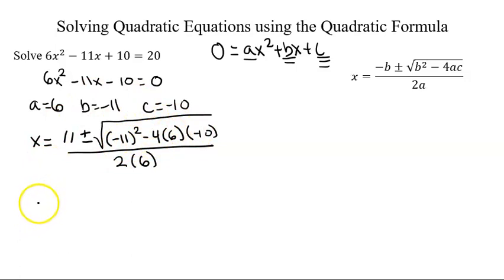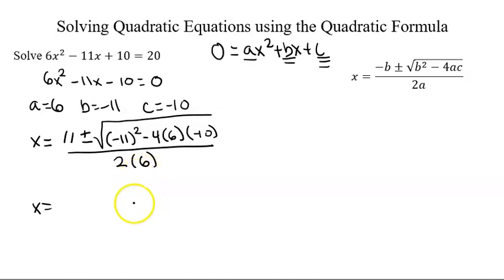So our next step is to simplify underneath the square root. This is called the discriminant. Not important now. I'm going to find out what that number is. So on my calculator, I'm going to go negative 11 squared minus 4 times 6 times negative 10.